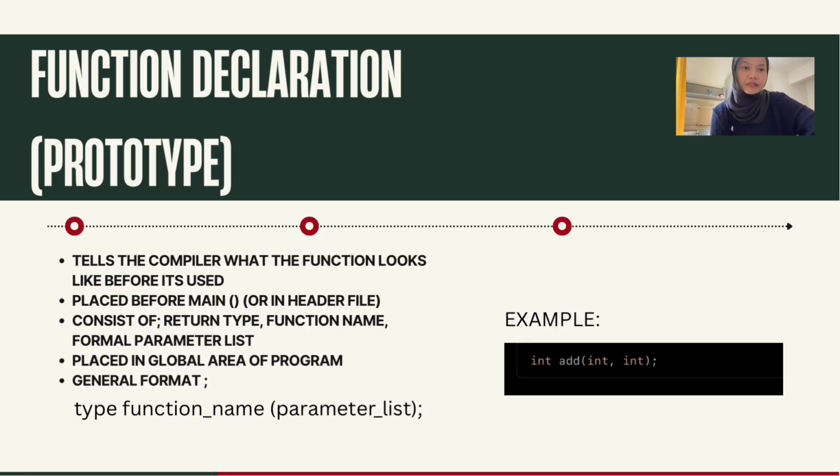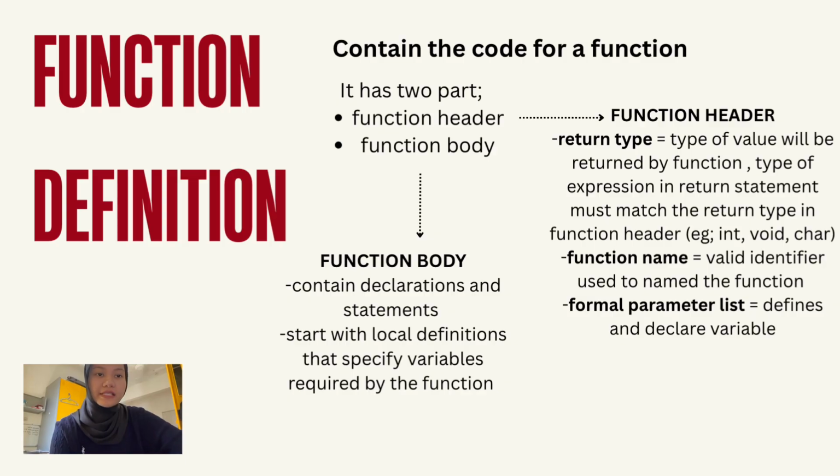Function declaration tells the compiler what the function looks like before it is used. Basically, it is placed before main or in header files. It consists of the return type, function name, and formal parameter list. For function definition, it has two parts, which are the function header and the function body. The function header contains three things: the return type, function name, and formal parameter list.